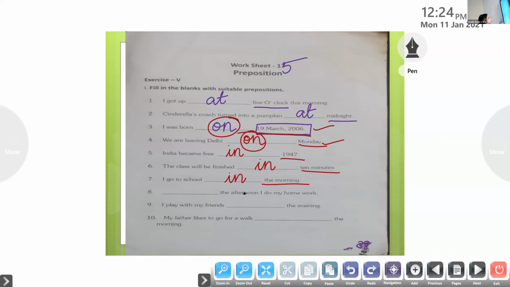At. How come? In the morning, only at night, at midnight, at noon. With these expressions, we use at. But morning, evening, and afternoon, which preposition do we use? It is in the afternoon. So which preposition do we use there? Come on, tell me the answer. On. How come? It is in. In the afternoon, I do my homework. Is that clear to all of you? Okay. Now I'll move on to the next question.